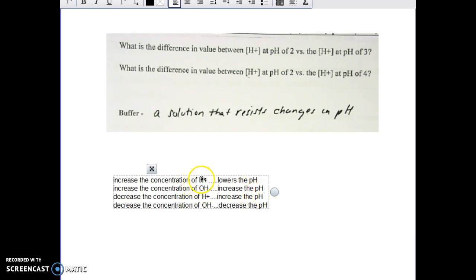So the hydrogen concentrations, they do opposites. The change in hydroxide causes it to go with the pH. Right? So that's how you calculate pH. If you have any further questions, you can let me know.